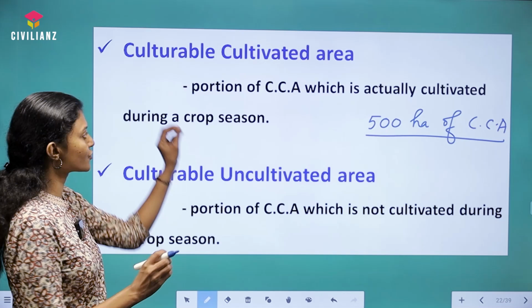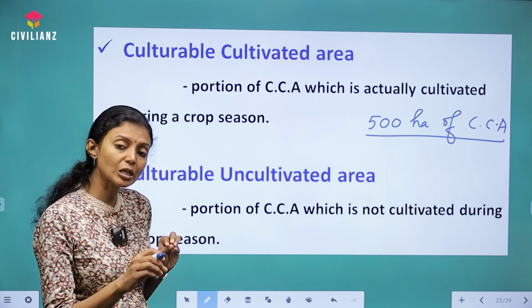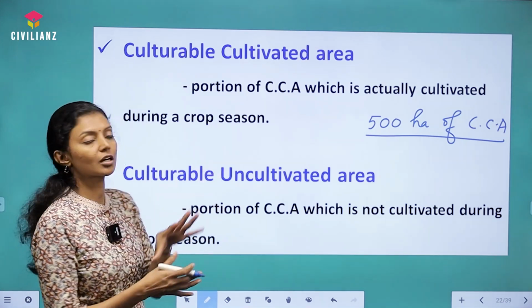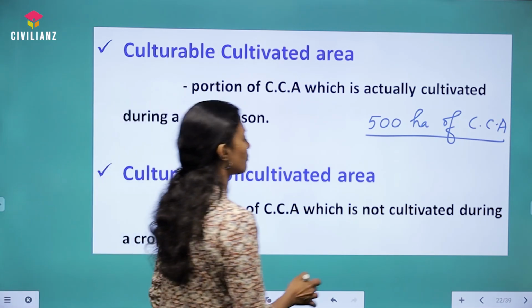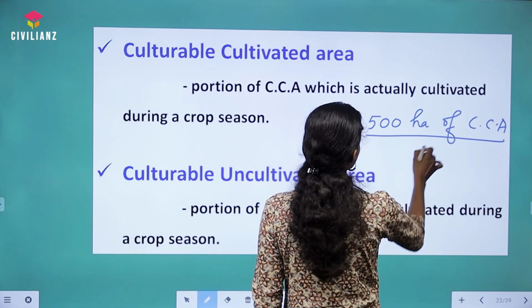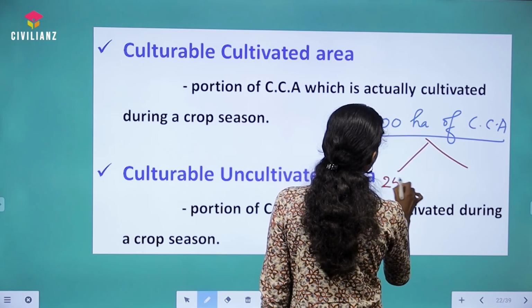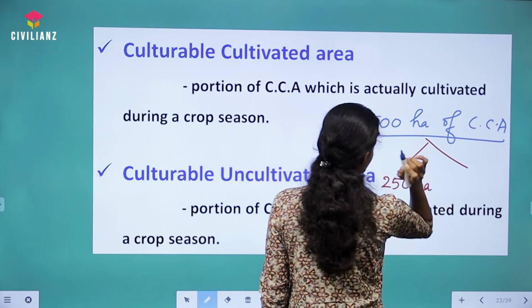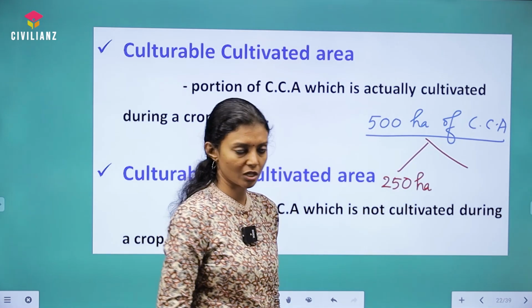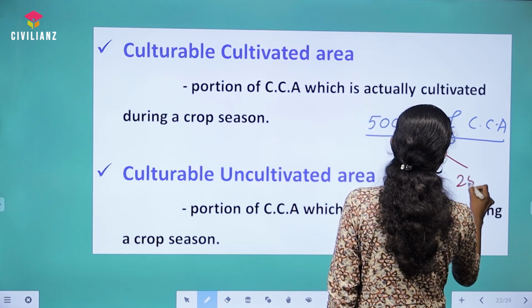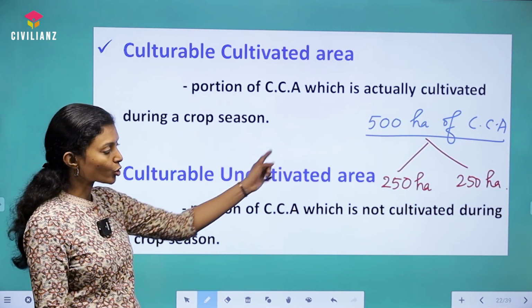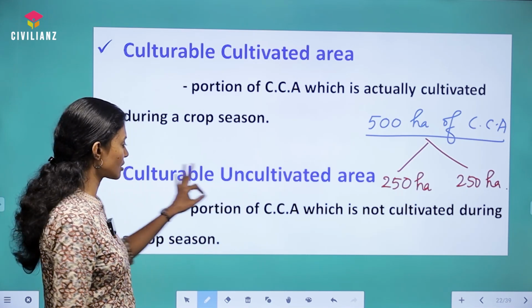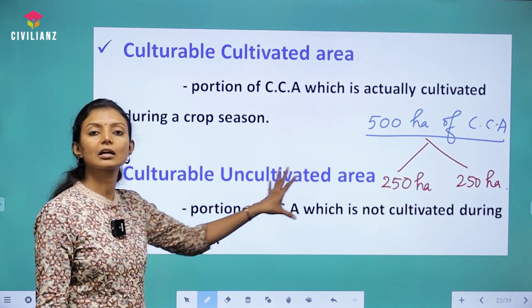The portion of CCA which is actually cultivated during a crop season is known as culturable cultivated area. For example, we are dividing this area into two. You are cultivating 250 hectares of land during a particular season and 250 hectares is left uncultivated. That means the portion which is uncultivated is known as culturable uncultivated area.